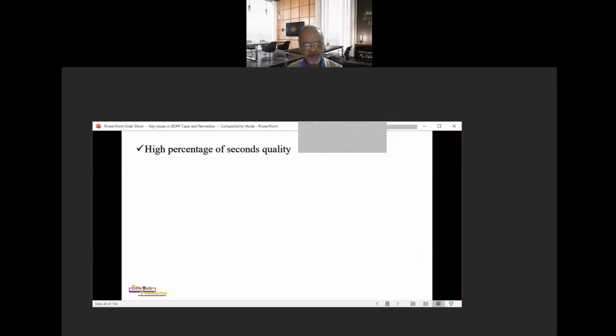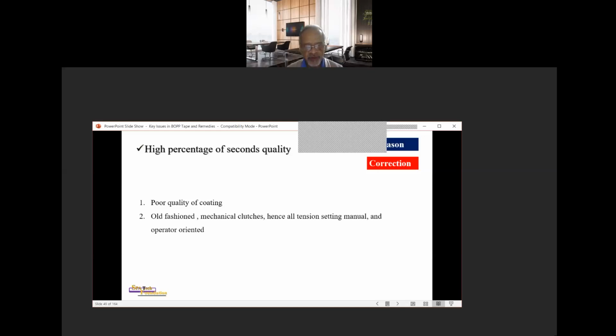High percentage of seconds quality or rejected quality. What is the reason and how can we correct it? The main reason for high percentage of seconds is poor quality of coating, old-fashioned mechanical clutches, hence all tension setting is manual and operator oriented.